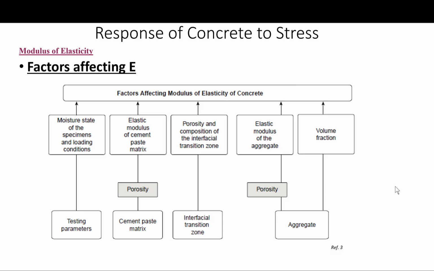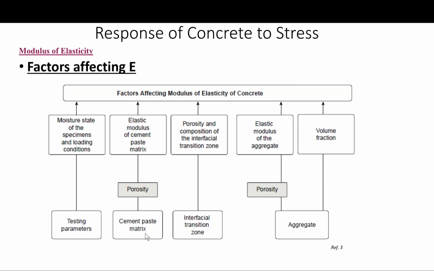As you can see on this slide here, concrete is made up of the cement paste matrix, the aggregate, and the interfacial zone. And of course the testing parameters affect this value as well, for example, the moisture state of the specimen and the loading conditions.